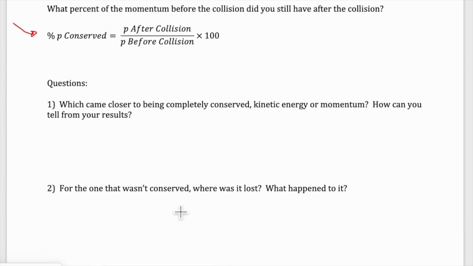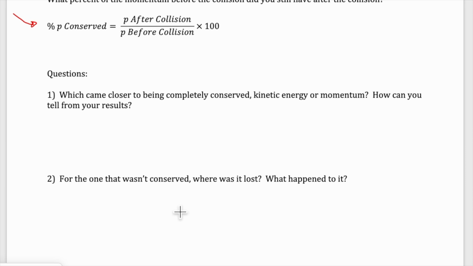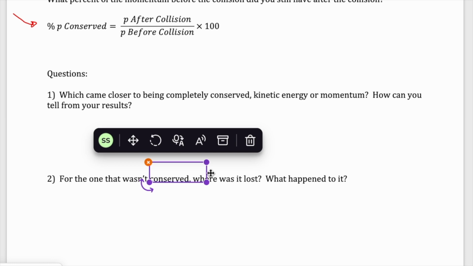Now, why do we do this? Because we want to see which percentage is closer to 100%. The closer it is to 100%, the closer it is to being completely conserved. And by conserved, another way of saying it is find the one that stayed constant.